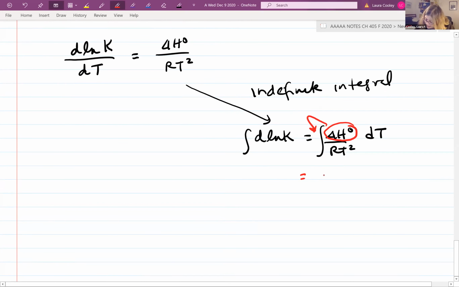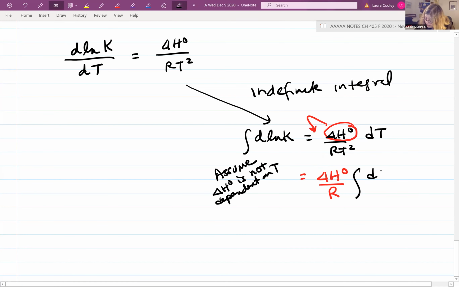You would take this delta H0 out, the R, okay? Because what you are essentially doing when you take this out is you're assuming that delta H0 is not dependent on temperature.